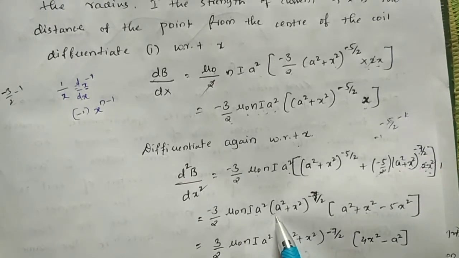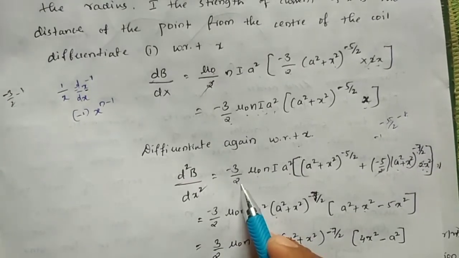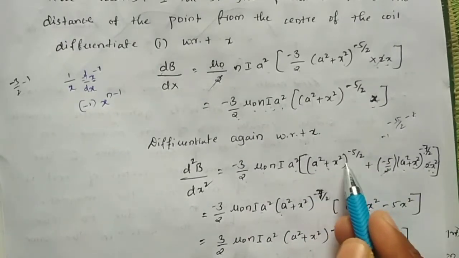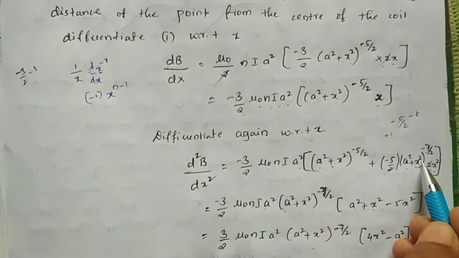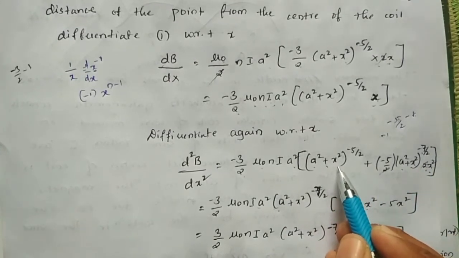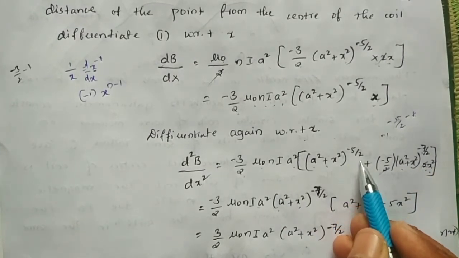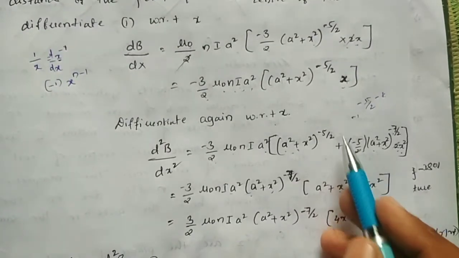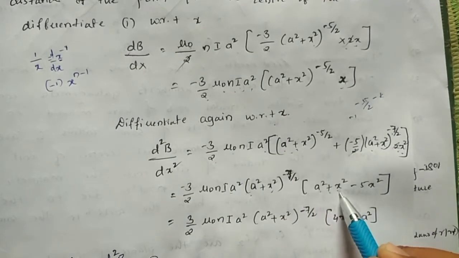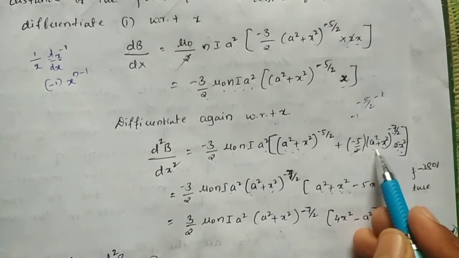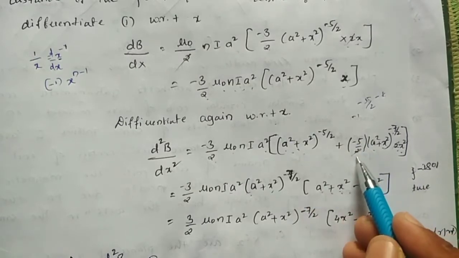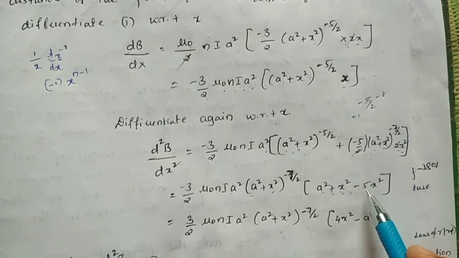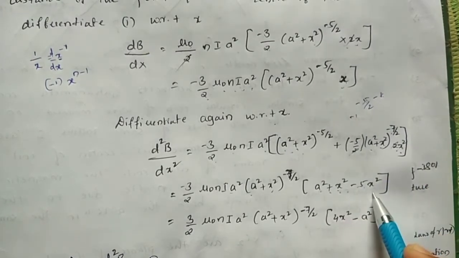Here you have to take the common term on this, (a square plus x square) raised to minus 7 by 2. So minus 7 by 2, (a square plus x square) raised to minus 7 by 2, then what remains here is plus 1. So a square plus x square in this term, and here, taking this term common, minus 5 by 2, here 2 cancelled, so minus 5 x square is the remaining term.